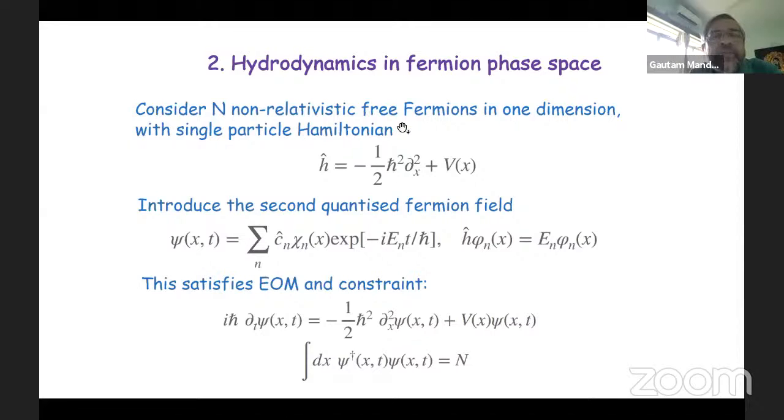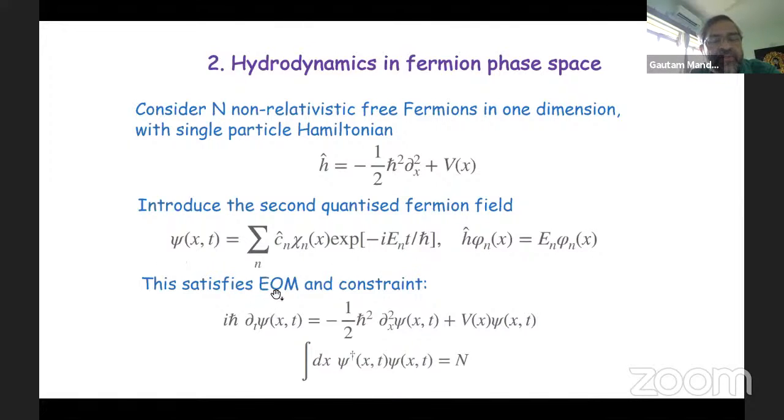So consider n non-relativistic free fermions in 1 dimension given by this single particle Hamiltonian, which is p squared by 2 plus V of x. Now introduce the second quantized fermion field described in terms of the first quantized wave functions, eigenfunctions phi n, like this. That's the usual method.